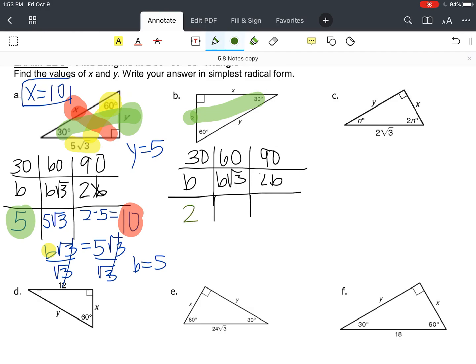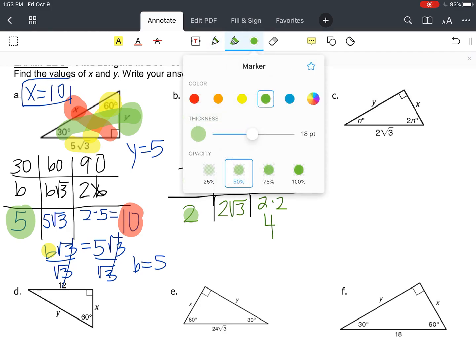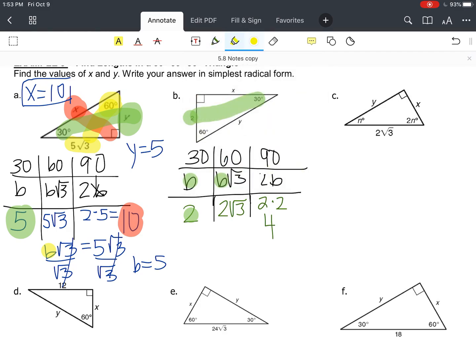That was the bell. So B is 2. So I wrote 2 under 30. So if you see, that means B is 2. So B root 3 is just going to be 2 root 3. B is 2, so B root 3 would be 2 root 3. 2B would be 2 times my B of 2, which is 4.